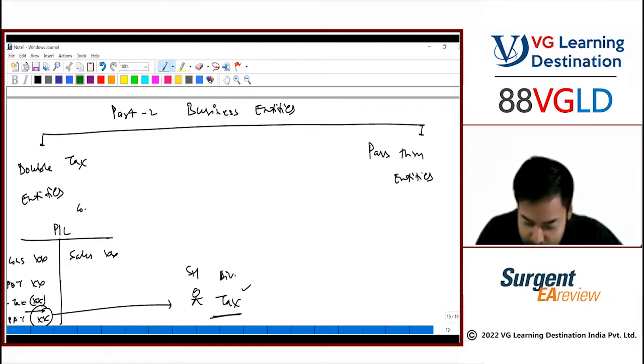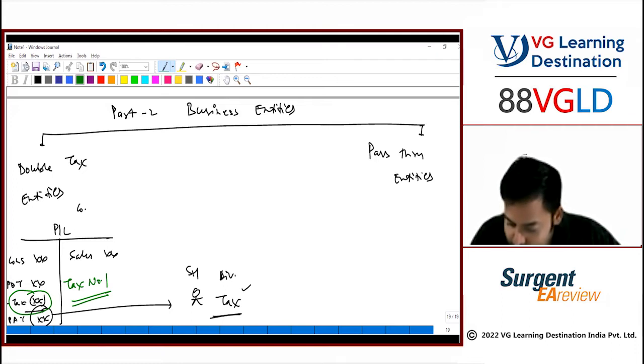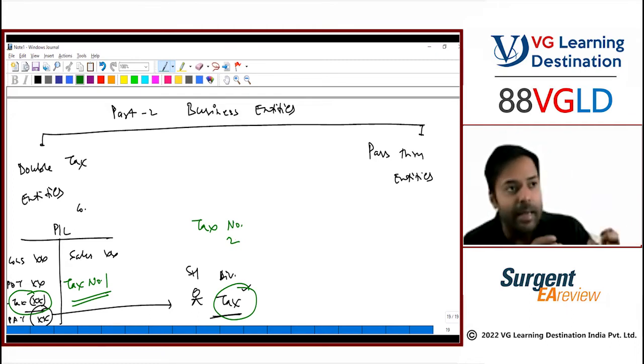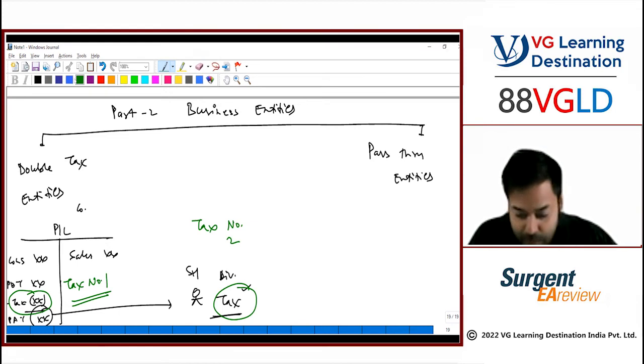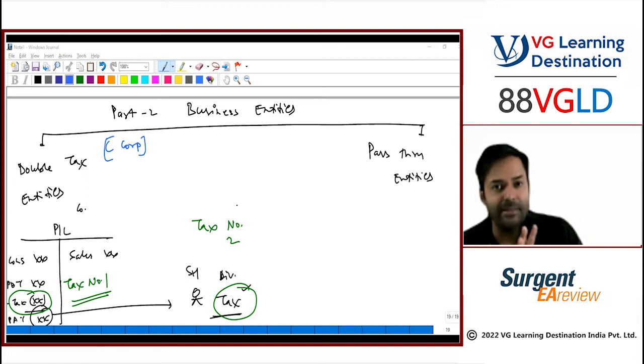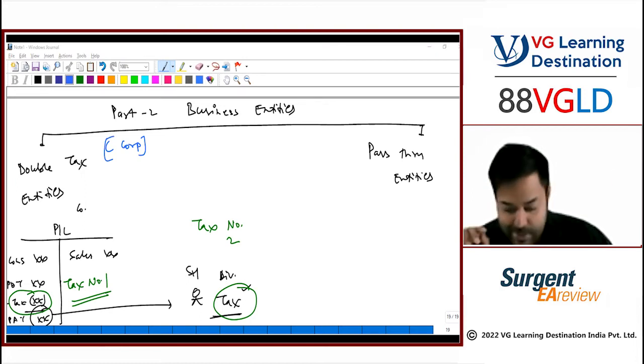So this is going to be your tax number one. This is going to be your tax number two. It's taxed at two levels. That's why it's called a double tax entity. For example, C corporation. These entities are called double tax entities because you're levying the tax at two levels.